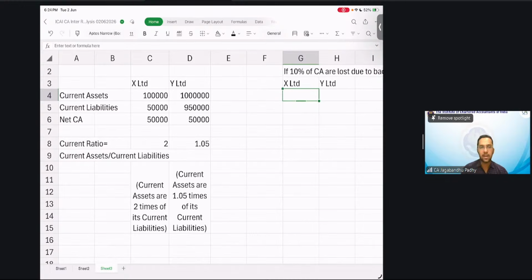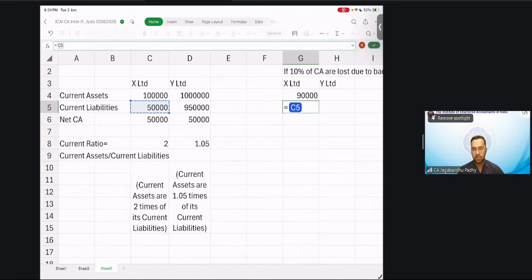Can I say X Limited has 90,000? Liabilities are still 50,000.